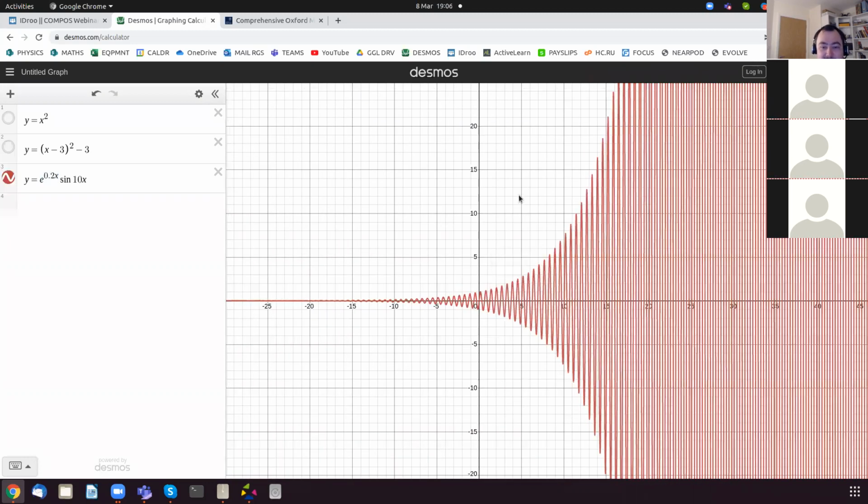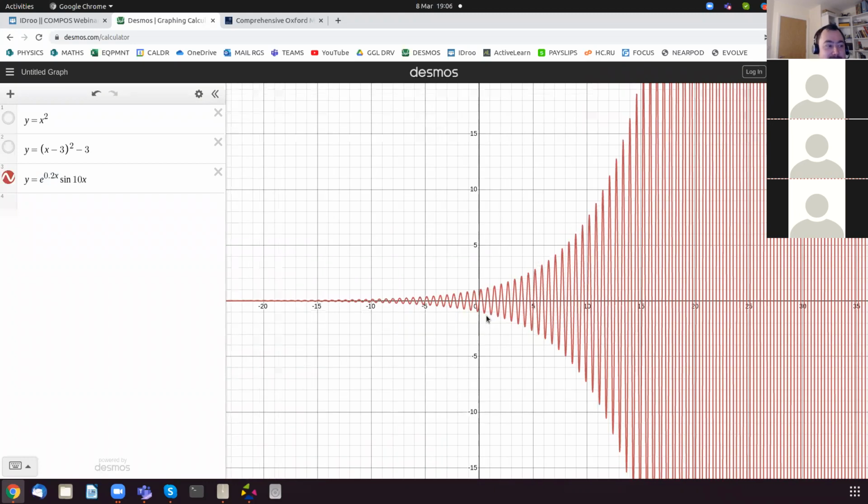All right. So what happens if I put a modulus? If I take the same thing and put a modulus here.